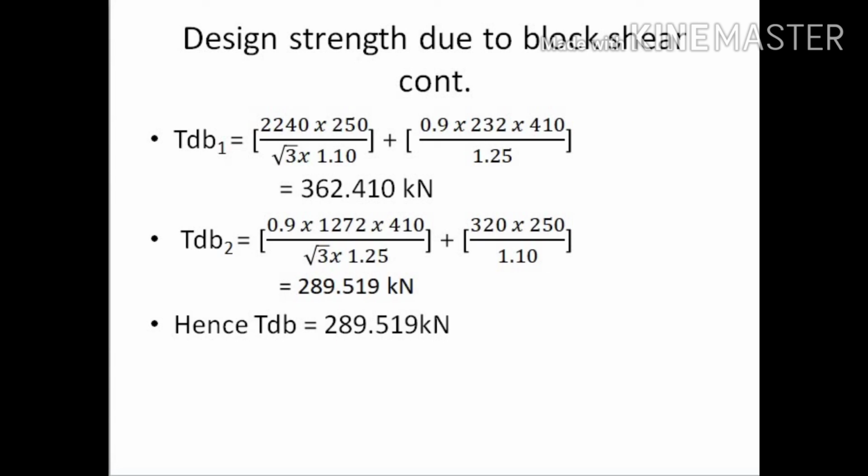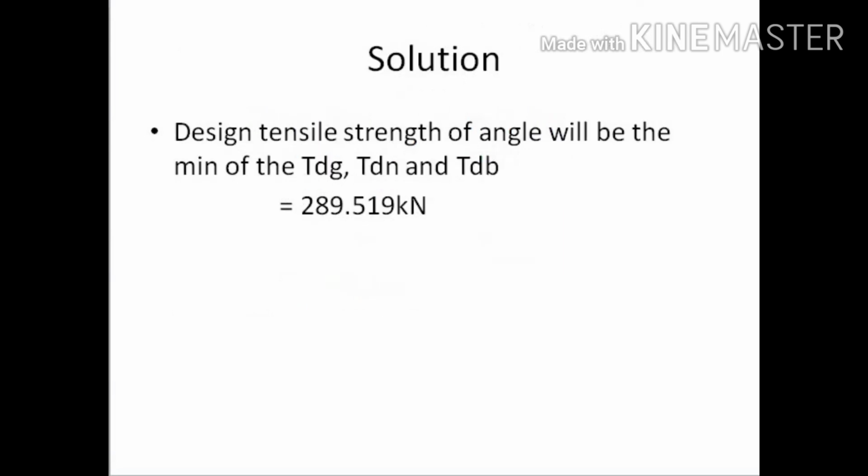Hence Tdb is equal to 289.519 kilonewton, the minimum of the two values. And for the final solution, the design tensile strength of the angle will be the minimum of Tdg, Tdn and Tdb. So the minimum is Tdb, that is 289.519 kilonewton.